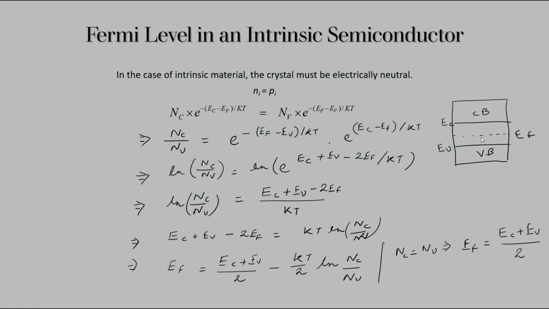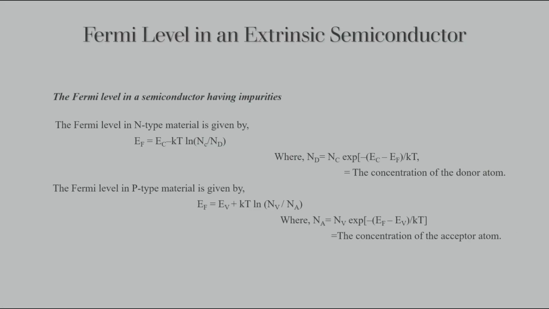Okay, so this is the Fermi level in case of an intrinsic semiconductor. So now moving forward to extrinsic semiconductor, the Fermi level will be given by Ec minus kT ln Nc by Nd, where Nd is given by the expression Nc e to the power minus (Ec minus Ef) divided by kT, which is the concentration of donor atoms.